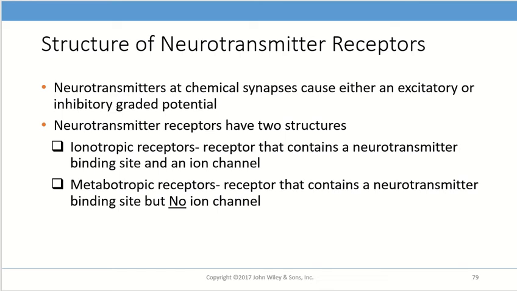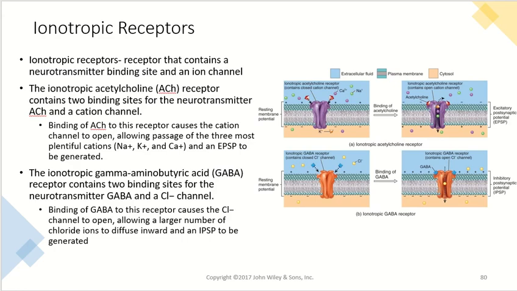And neurotransmitter receptors can have two possible structures. We've got ionotropic receptors, where a receptor is going to have a neurotransmitter binding site as well as an ion channel. And then we have metabotropic receptors. These are receptors that contain a neurotransmitter binding site but no ion channel.